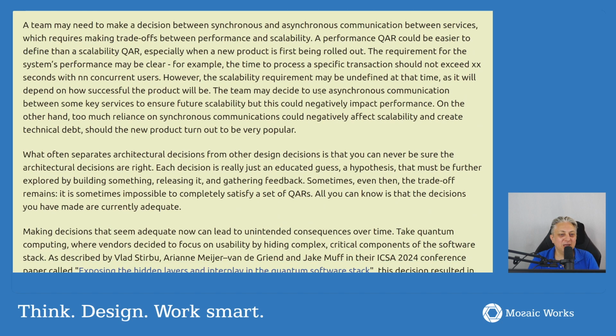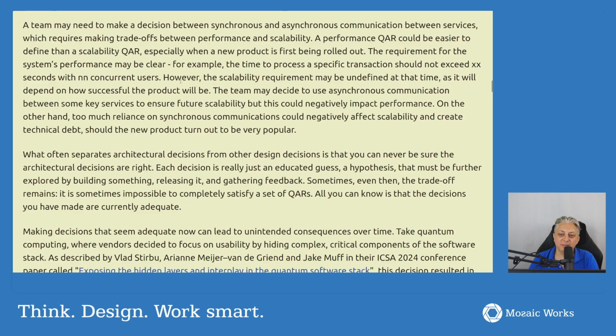A team may need to make a decision between synchronous and asynchronous communication between services, which requires making trade-offs between performance and scalability. A performance QAR could be easier to define than a scalability QAR, especially when a new product is first being rolled out. The requirement for the system's performance may be clear. For example, the time to process a specific transaction should not exceed X seconds with n concurrent users.